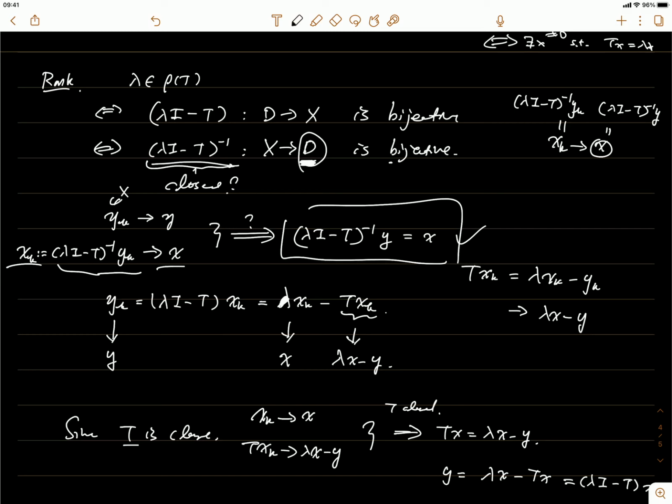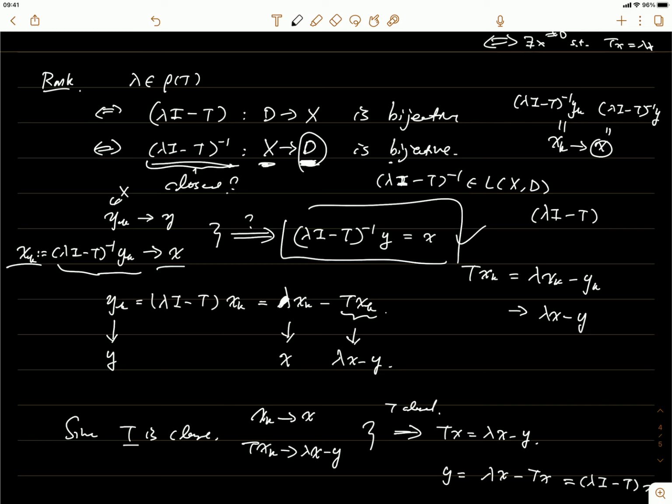So now we have a closed linear operator mapping from x to D, and X is closed. So by the closed graph theorem, this means that the inverse of lambda I minus t is in L from x to D. And because of that, we can also claim that lambda I minus t is also bounded. This is by the Banach inverse mapping theorem, right?